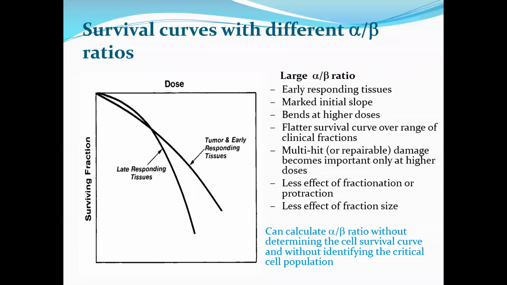See, late responding tissues have a lower alpha by beta, and early responding tissues and tumor have a higher alpha by beta. So this signifies one thing. Early responding tissues and tumors have high radiation cell kill and less repair, and late responding tissues have more repair.